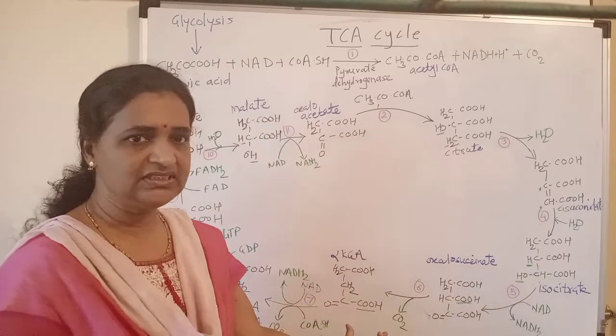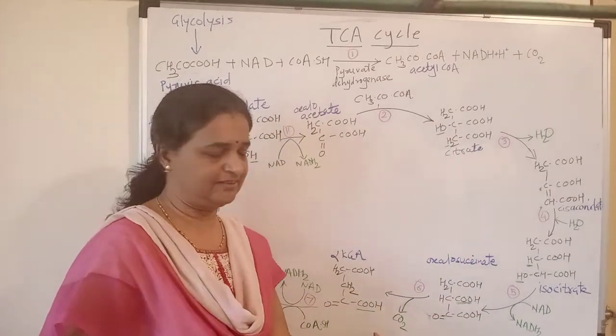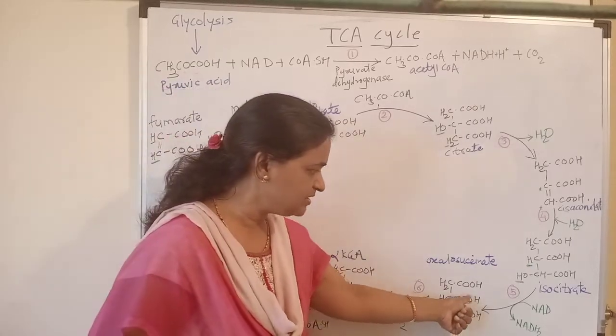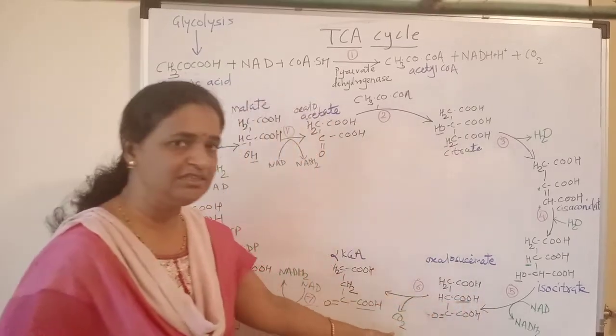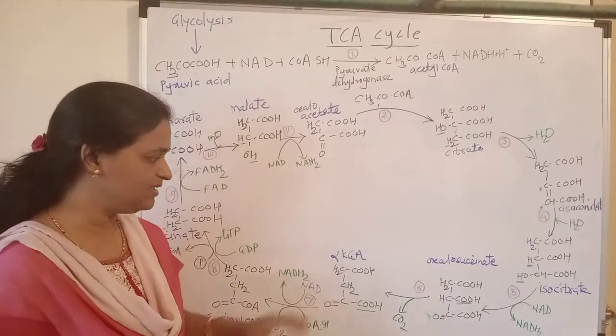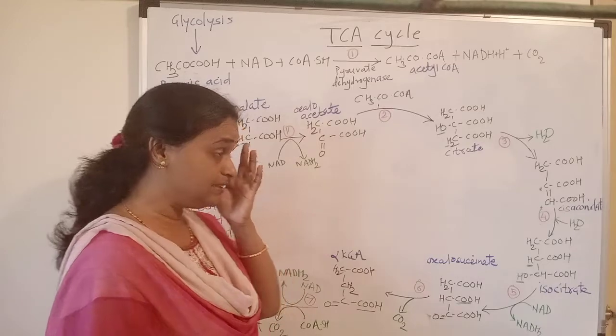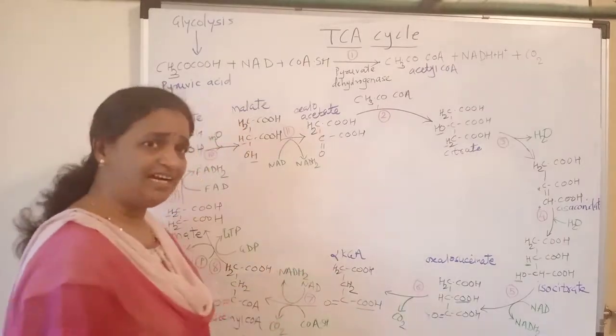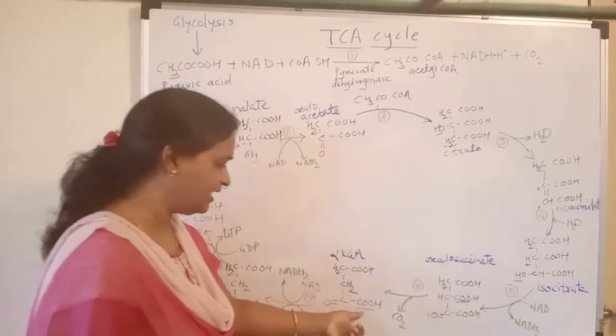Further, this oxalosuccinate undergoes decarboxylation. There is removal of one carbon dioxide from this position, and the oxalosuccinate is converted to alpha ketoglutarate. It is a key intermediate. Here this alpha ketoglutarate undergoes decarboxylation.